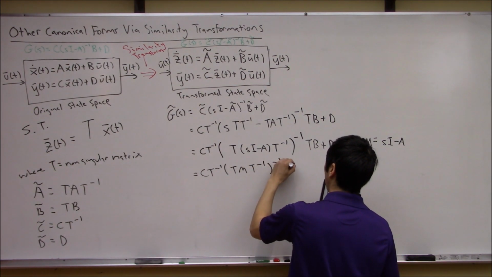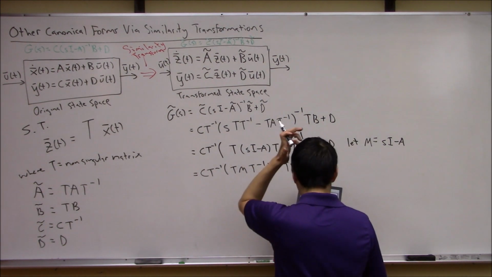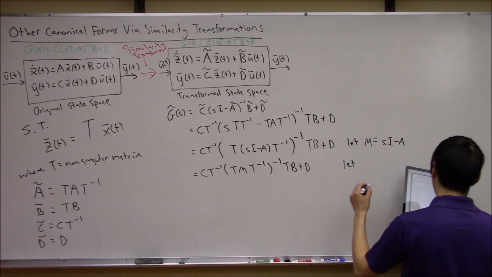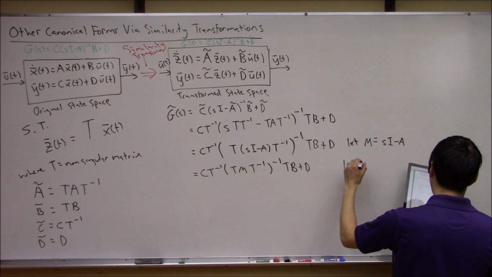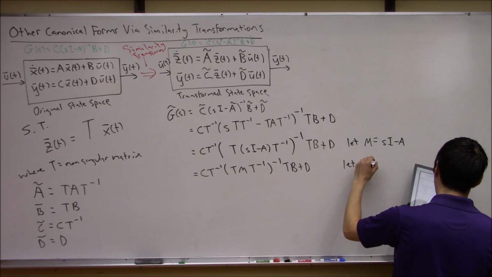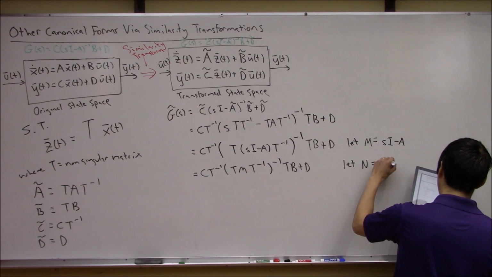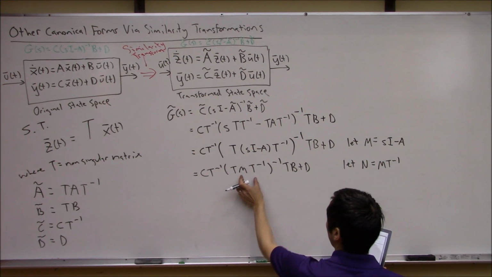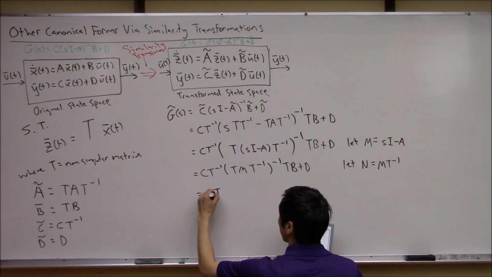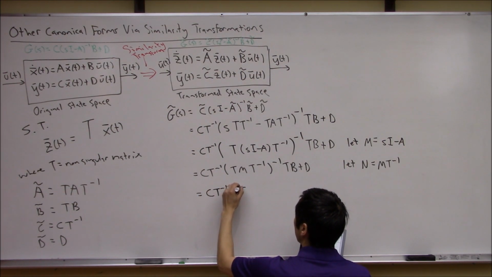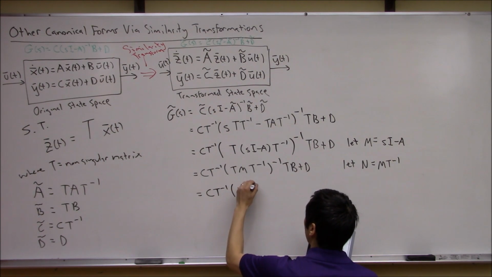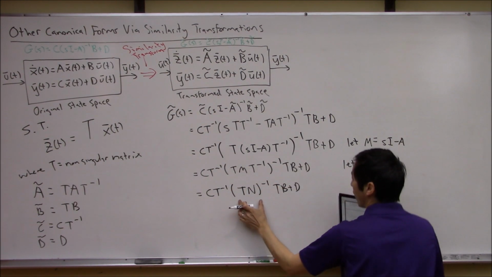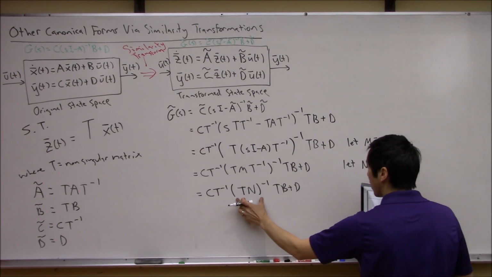Then T B. Now let's make one other substitution to keep things simple. Let's call N equal to M times T inverse. So this is now C T inverse times the inverse of T times N, times T B plus D. Now I can look at this inverse.